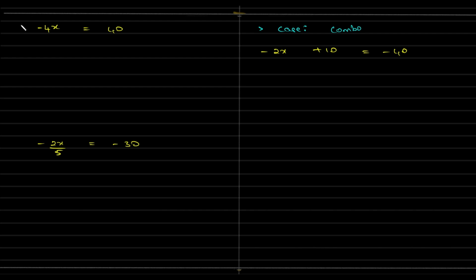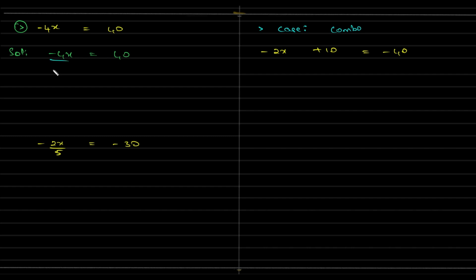A few more problems. Now I just have a negative number. Nothing fancy. Just a negative number and 4. So what do we do? Should I multiply with something, divide with something, add or subtract?